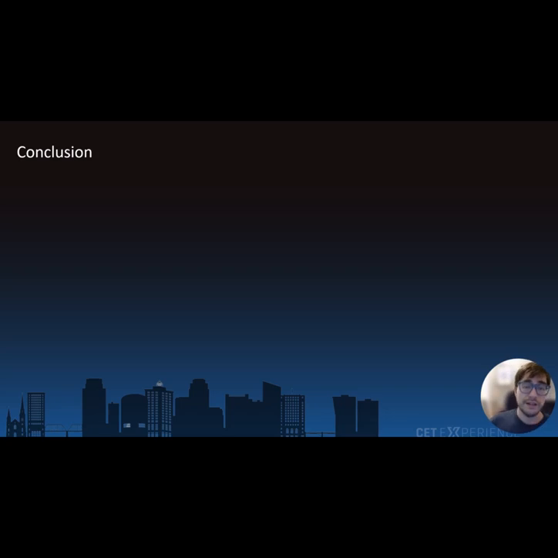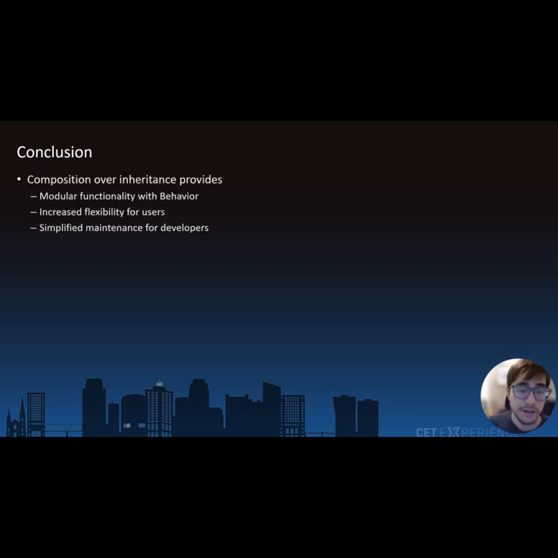But the main takeaways that I want to highlight are that composition over inheritance provides, through modular design and encapsulation of behaviors, that both the users and developers benefit from an enhanced customization and simplified maintenance of our software.